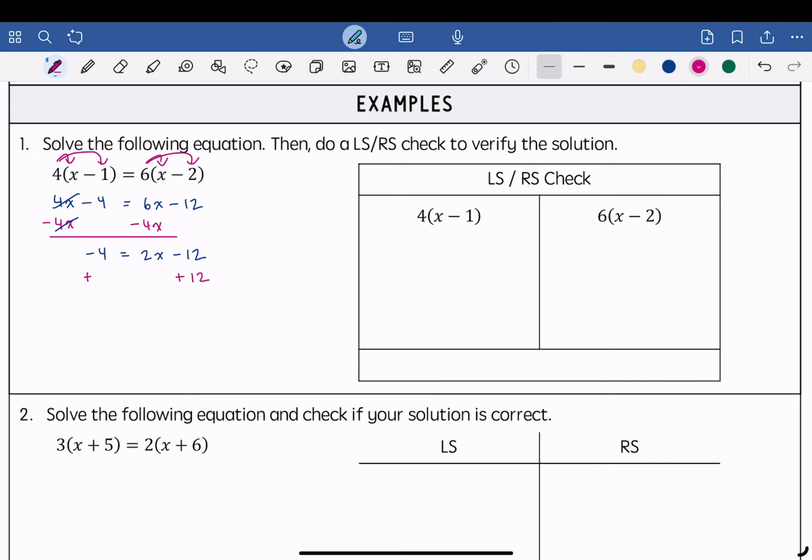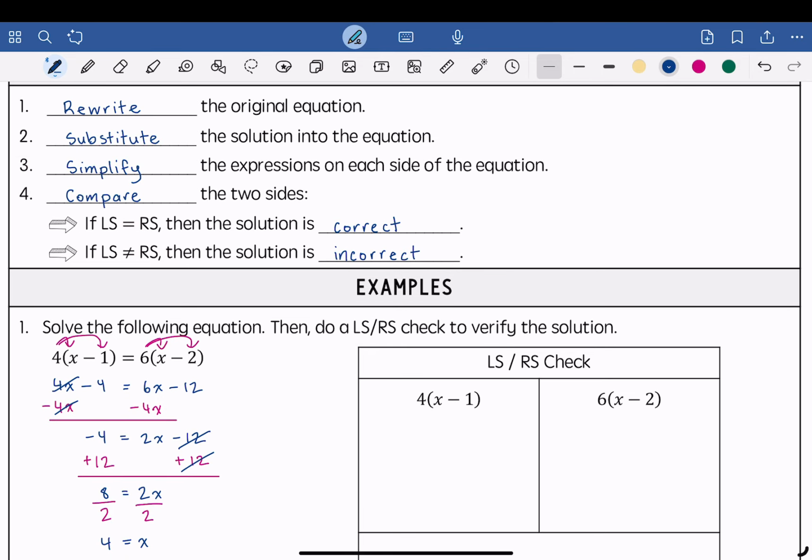I'm going to add 12 on the left side as well. -4 plus 12 is 8, which is equal to 2x. And now I'm going to isolate the x, so I have to divide by the coefficient of 2, and the same on the other side. Therefore, x is equal to 4. So now I've solved the equation.